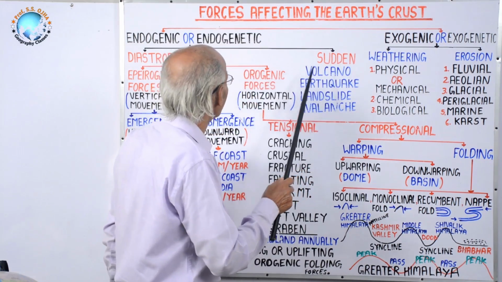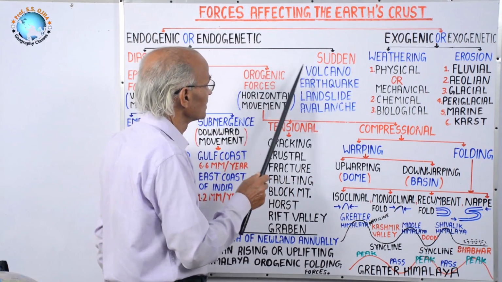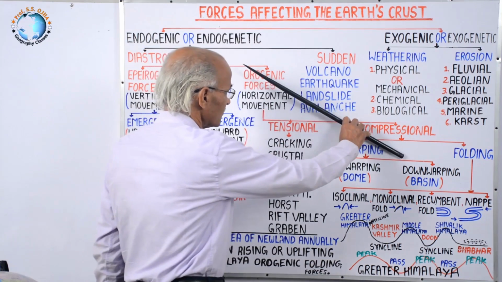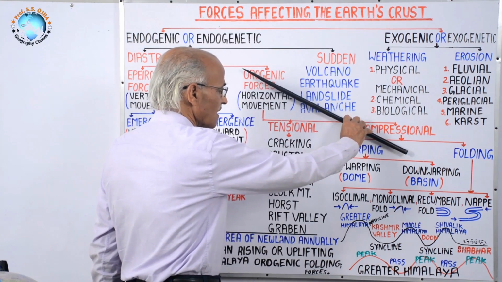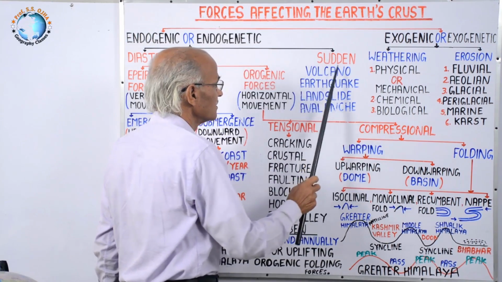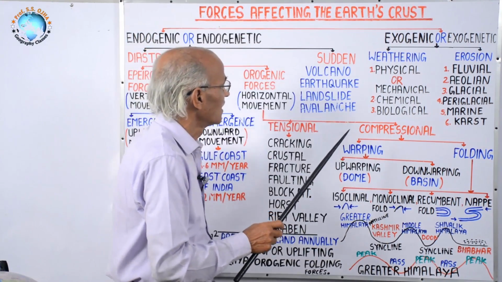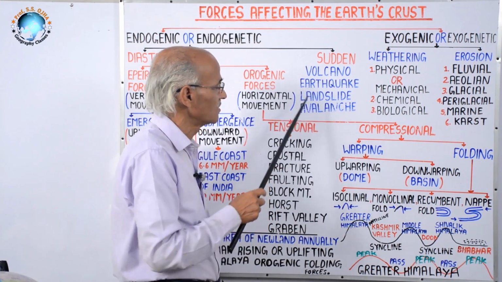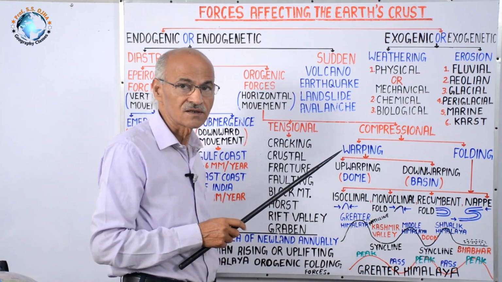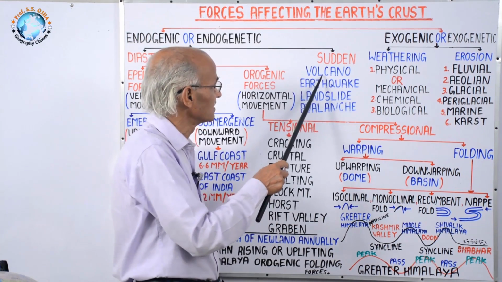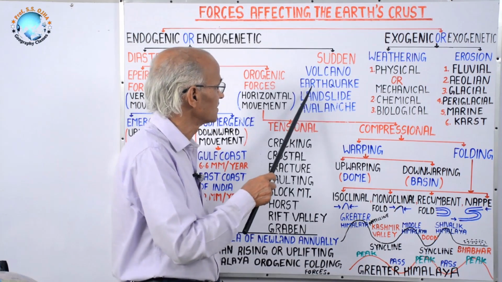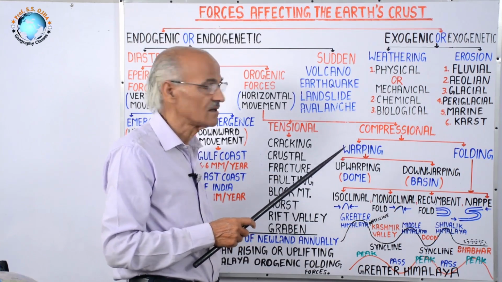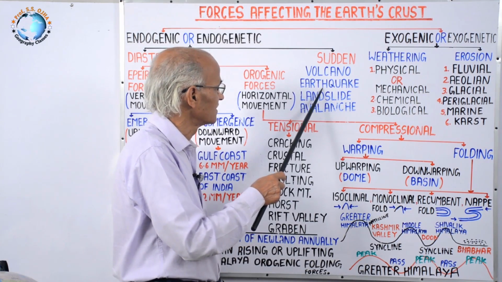It is also a type of endogenic force, but the forces that we have studied take place or occur slowly. Contrary to it, these forces happen suddenly. For example, you might have heard about the volcano. It is a sudden incidence that we will discuss in a separate chapter. In the same way, a volcano also comes without information and causes a lot of damage.